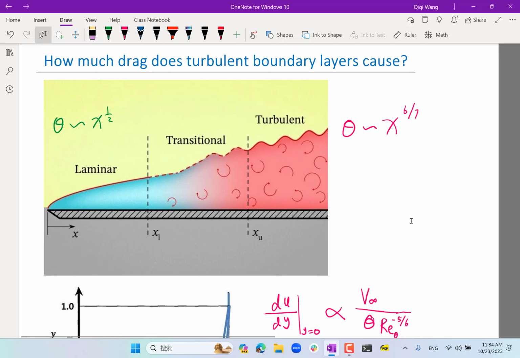One is from experiments, and two is direct numerical simulations. So we basically have to solve the Navier-Stokes equation using a very fine grid, using a very accurate numerical scheme, resolving all the unsteady motions and averaging the solution to get the data like that, right? So that's really the two main sources of our data with any kind of turbulent flows.